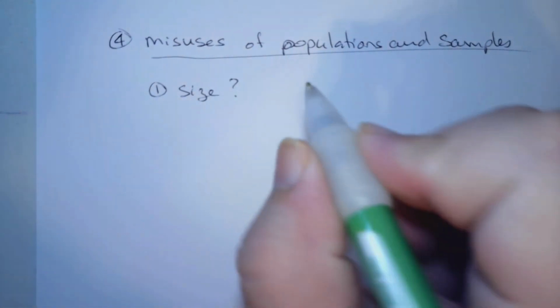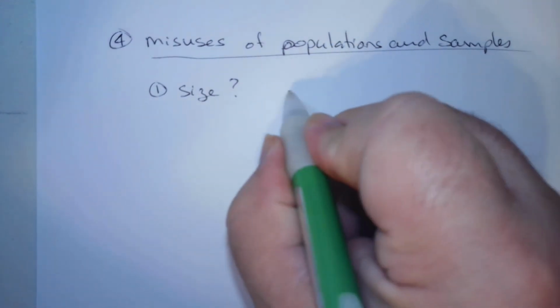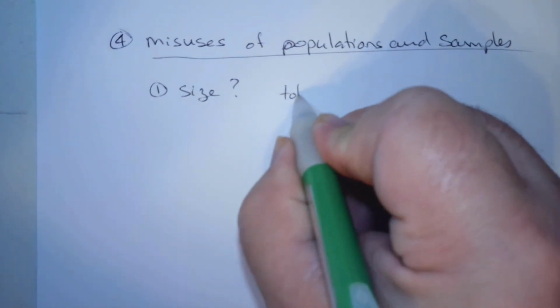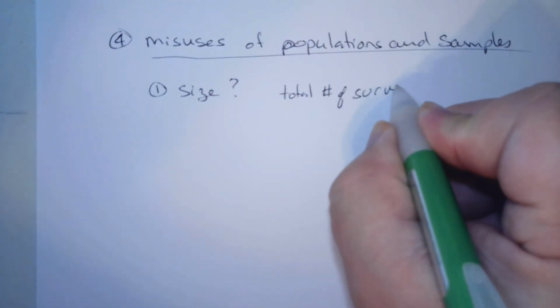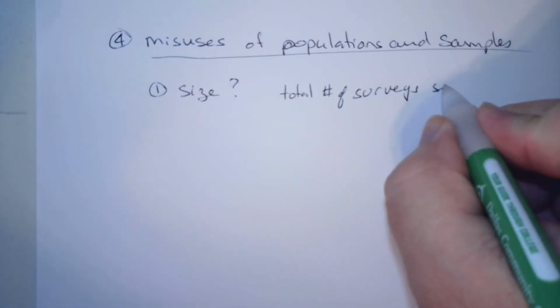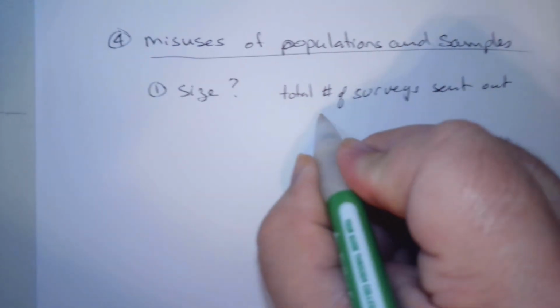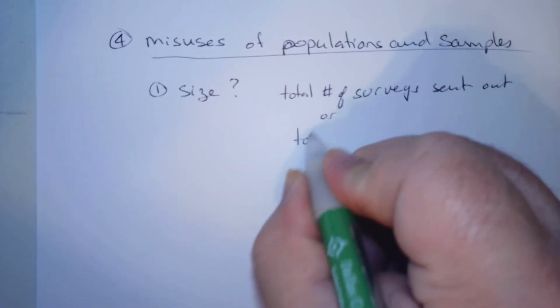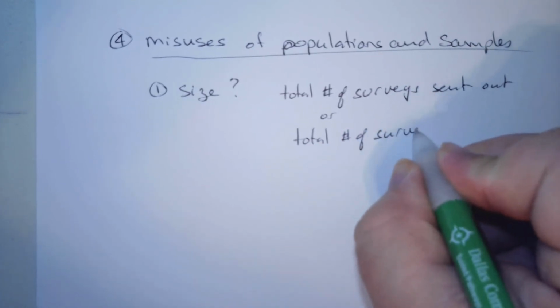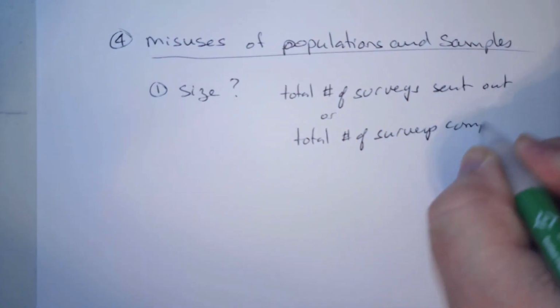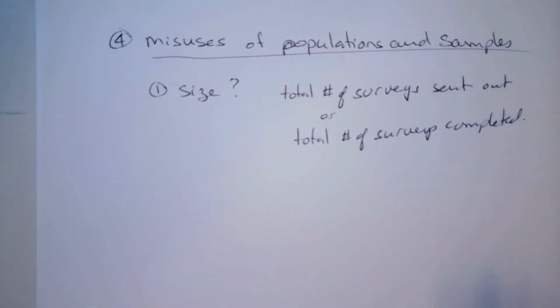If you give a survey out, is it the total number of surveys sent out, or the total number of surveys completed? You have to know what size you're dealing with.